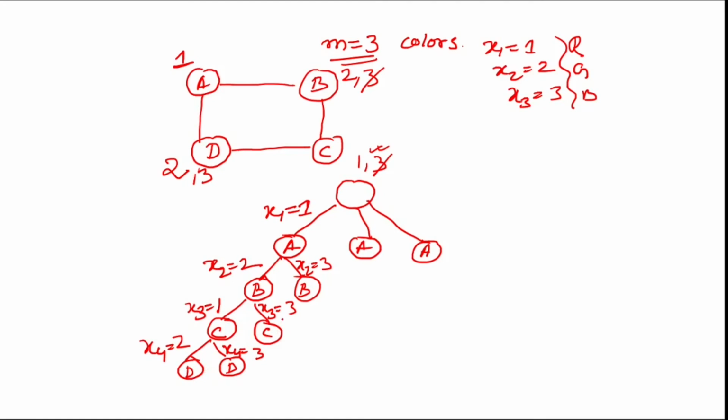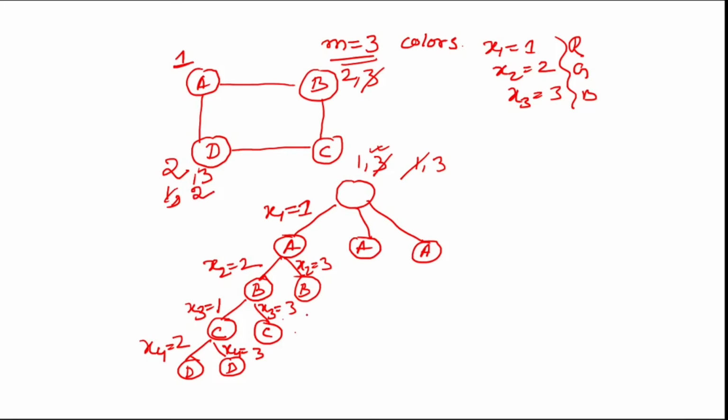So let us check this one when x3 equal to 3. If I would have chosen 3 here for C, what are the options for D? Can I choose 2? 1 cannot be there, so 2.